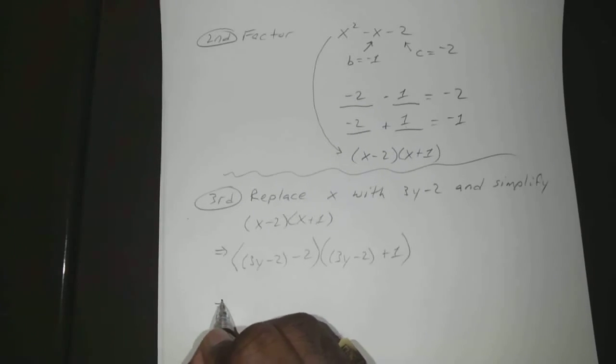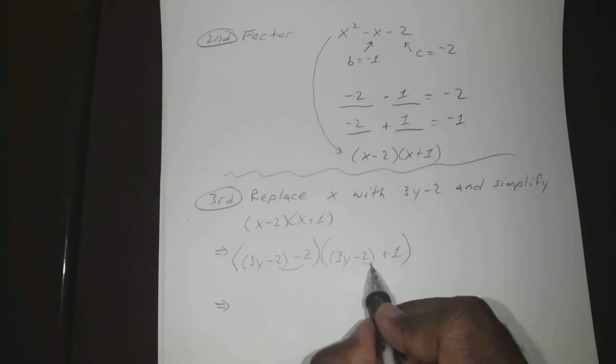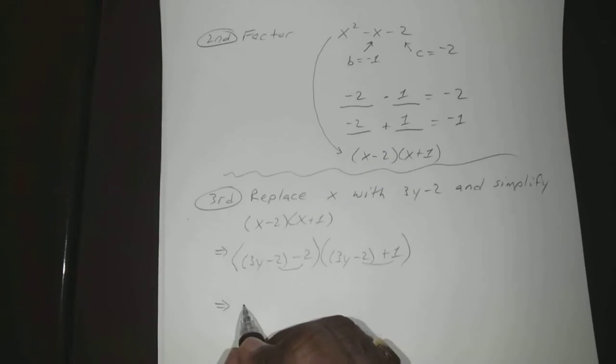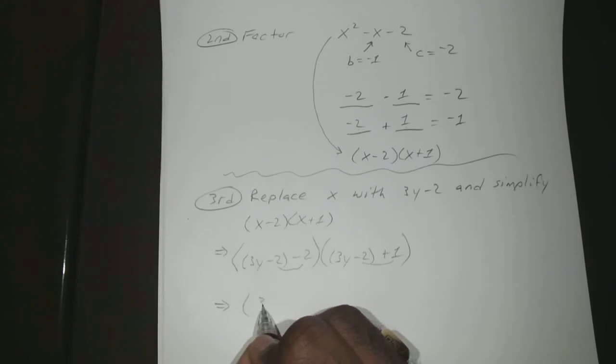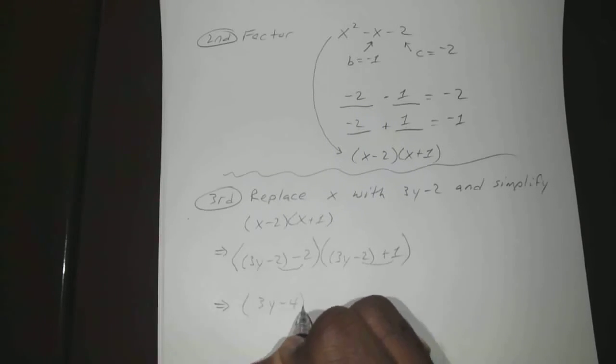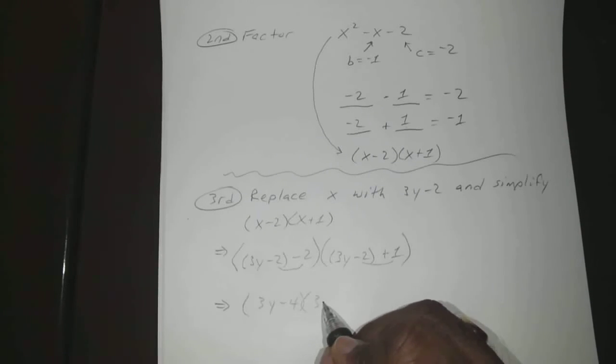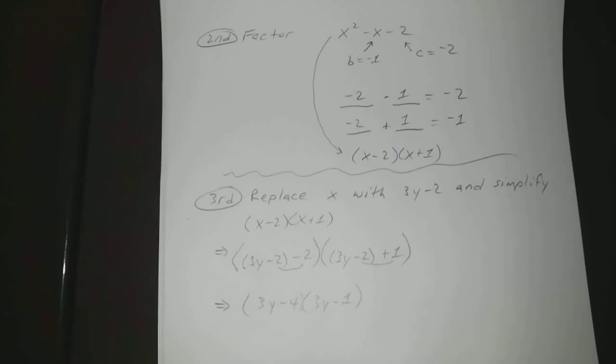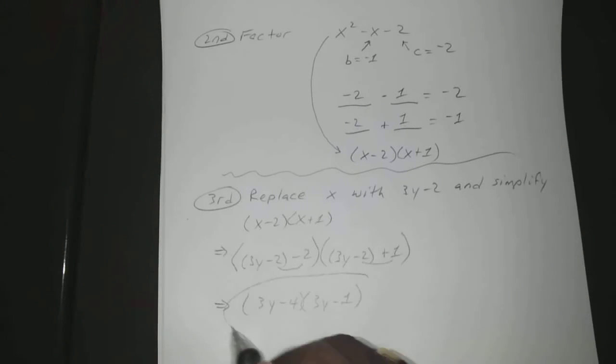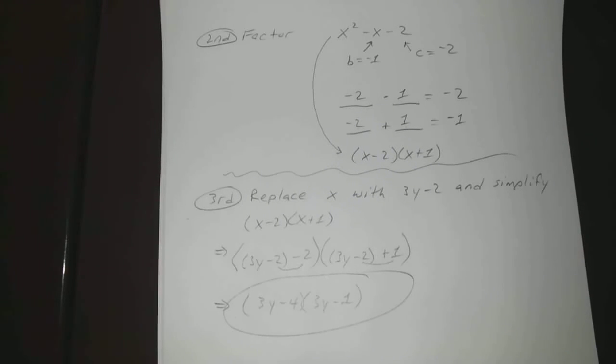Okay, which gives us, once we combine those two constants there, 3y minus 4 and 3y minus 1. So really you just have to replace, factor, then replace again. Okay. Any questions on this one?